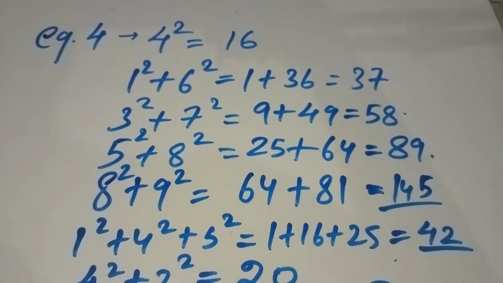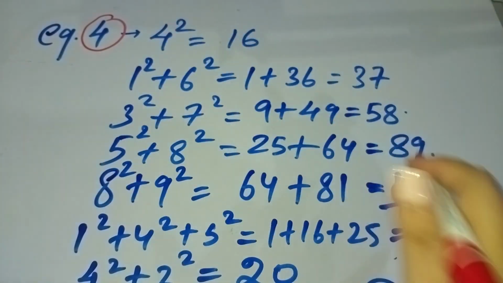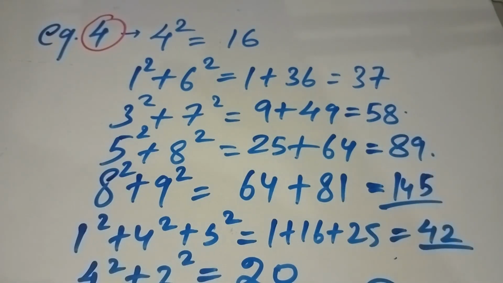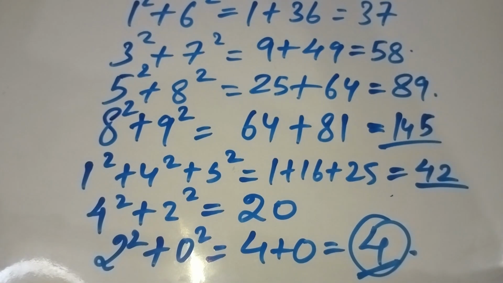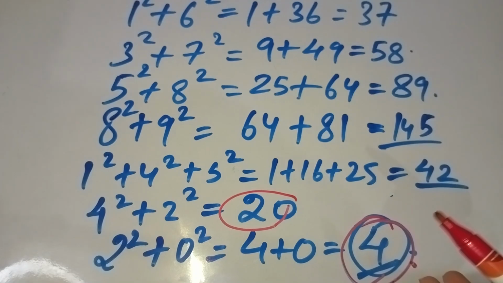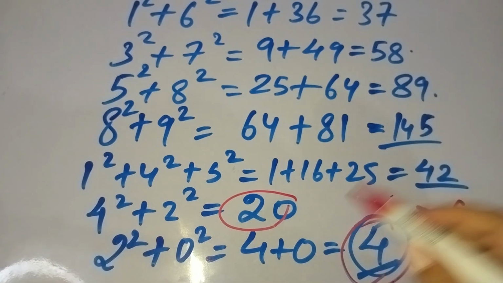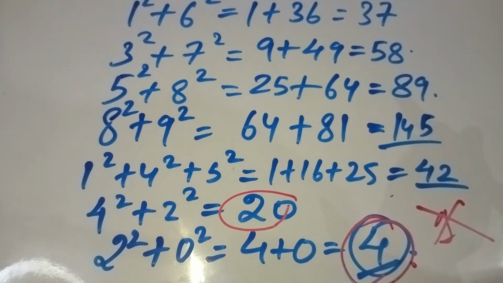So you can see we started with 4, and after repeatedly squaring and adding the digits, we eventually reach 20. But 20 again took us back to 4. And now we are back to where we started. This process will continue forever in this cycle, and we will never reach 1. Therefore, 4 is an unhappy number.